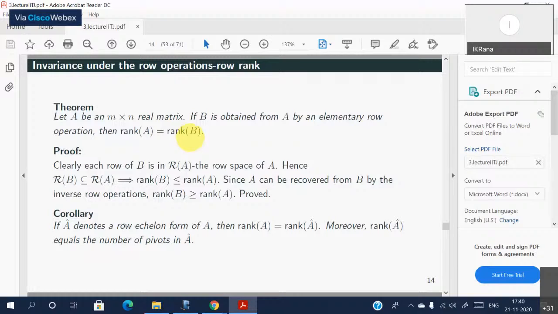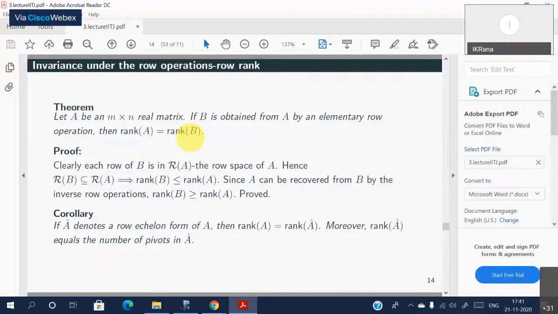Then the rank of A is the same as the rank of B. Why is that? Because the row space is spanned by the row vectors, and elementary row operations, what they do, either multiply a row with something, or interchange one row with another. That is only reordering how the rows are written. And the third is multiplying by a scalar, or adding one row to another.